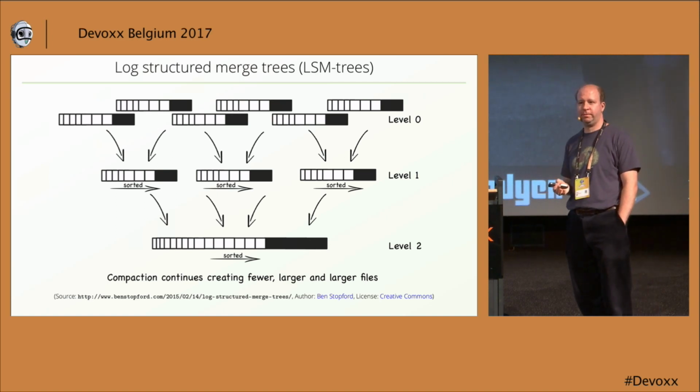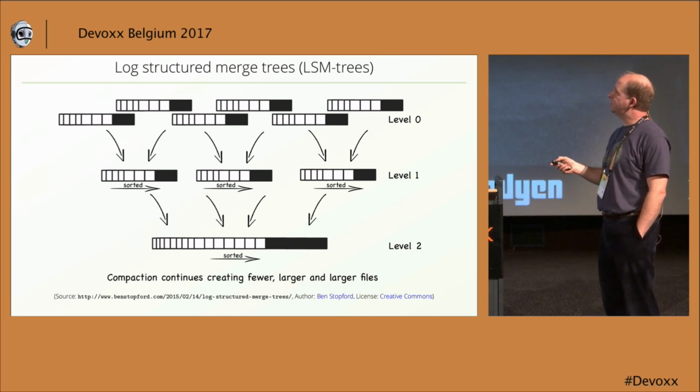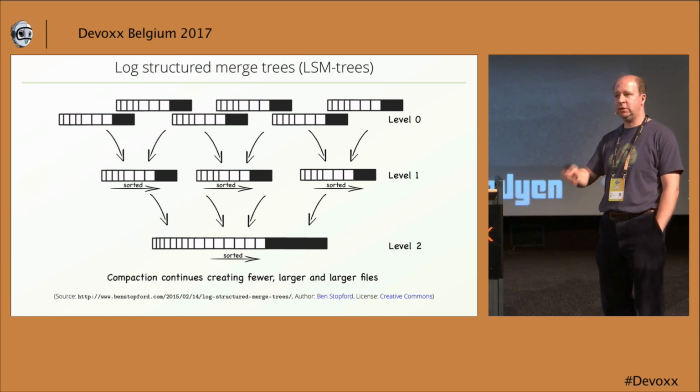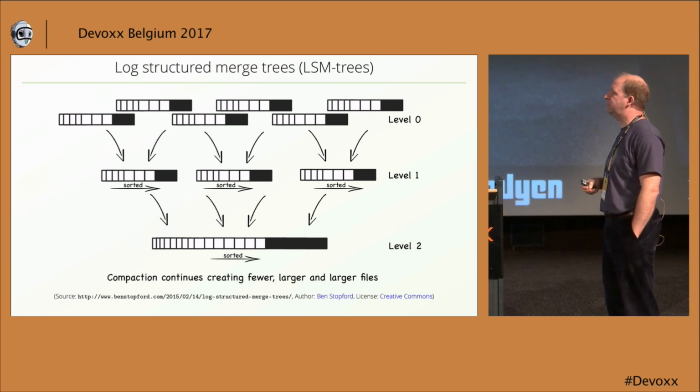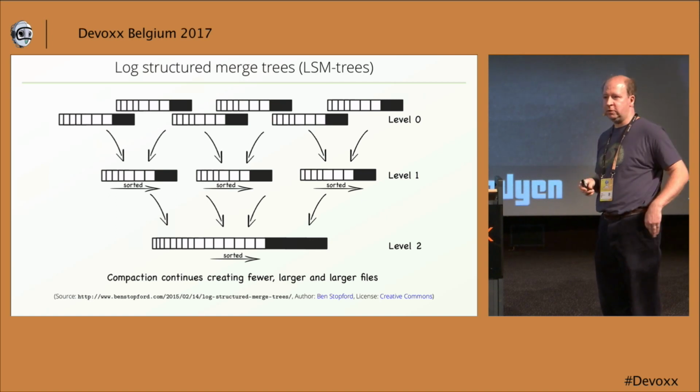So the basic idea is that you first store new stuff into level 0 in memory buffers, which are then obviously also persisted to disk for persistence. And these are inserted in memory, typically with some kind of tree structure.